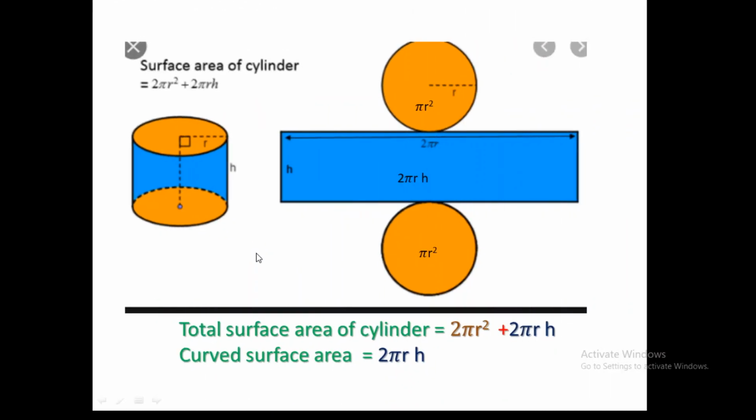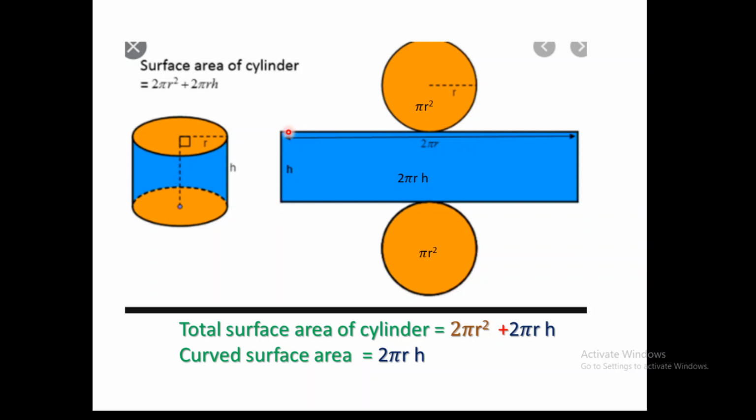Now we discuss the formula to find the total surface area of a cylinder. Look at the cylinder. This is the cylinder we know. But if we unfold it, or cut it into its original form, this curved face becomes a rectangle, right? Then the top and bottom are 2 circles. What will be the breadth of this rectangle? It will be the height of the cylinder.